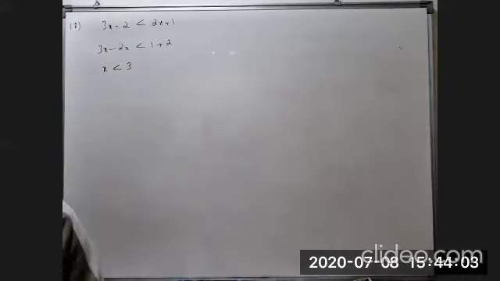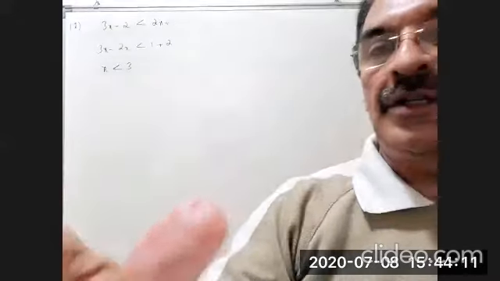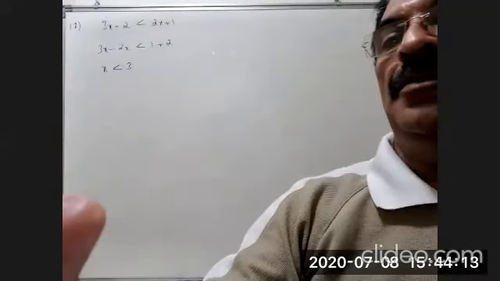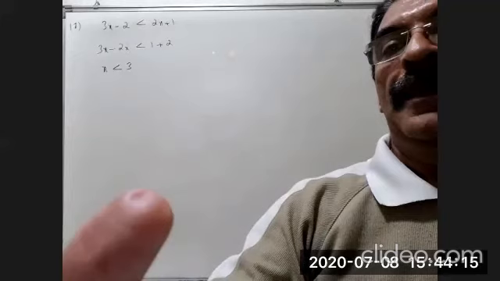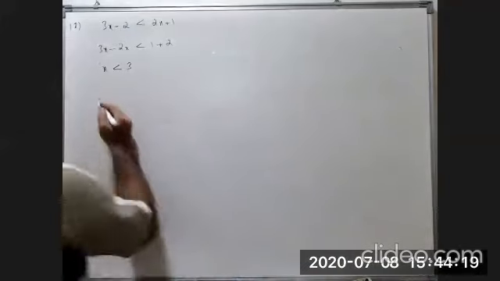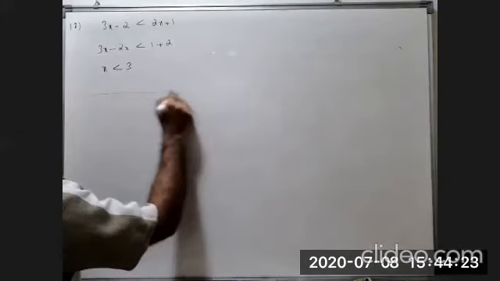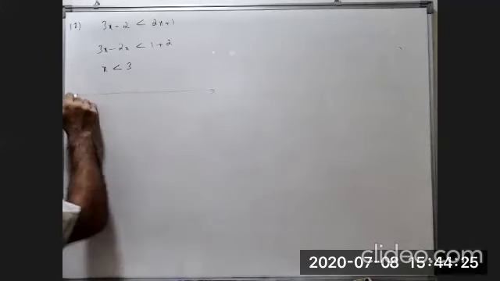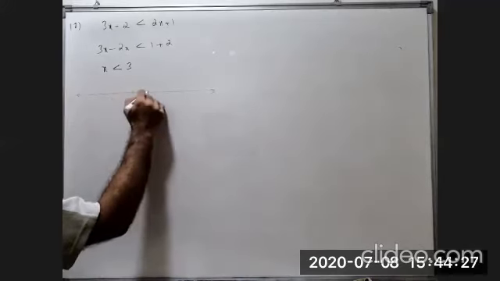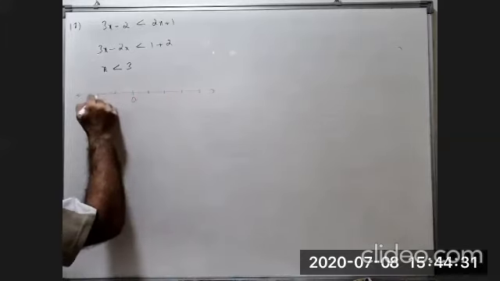Now, for x less than 3, the question is to mark it on the number line. How to mark it on the number line? Draw a number line: 0, 1, 2, 3, 4, minus 1, minus 2.